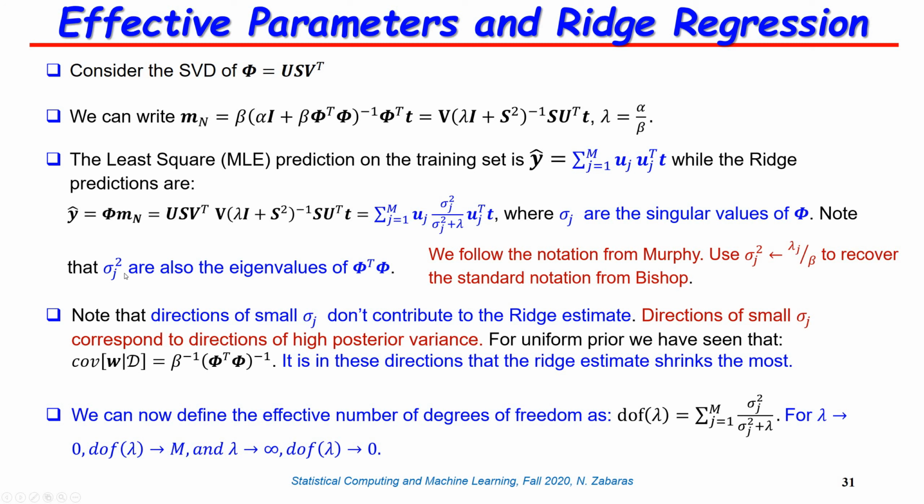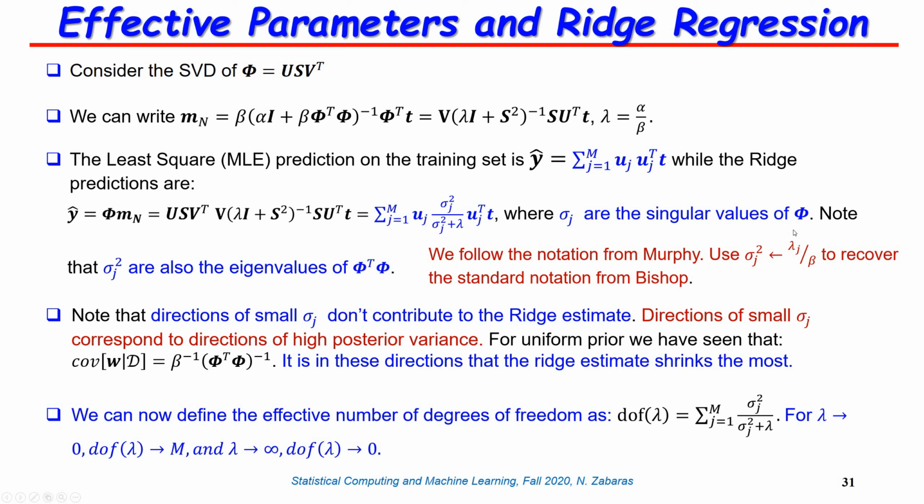Since we used before the eigenvalues and eigenvectors of beta times phi transpose phi, you can see beta times sigma j squared in this slide is really nothing else but the lambda j that I used a few slides ago. Okay, so this is again from Murphy's notation.